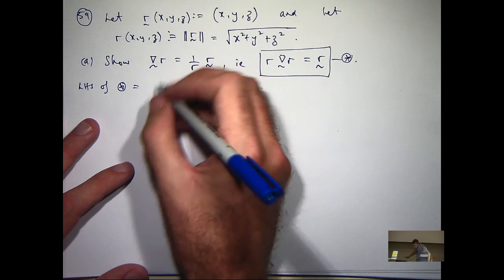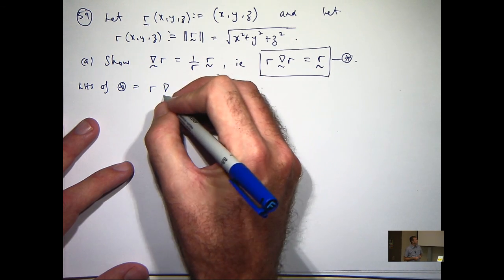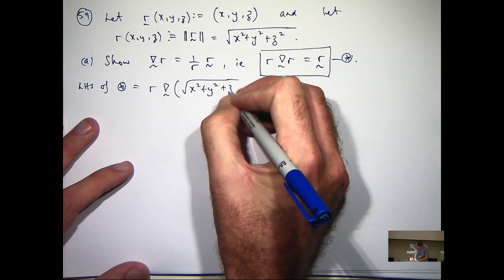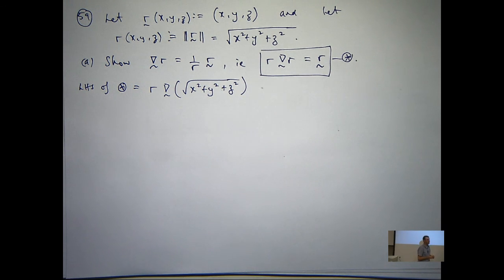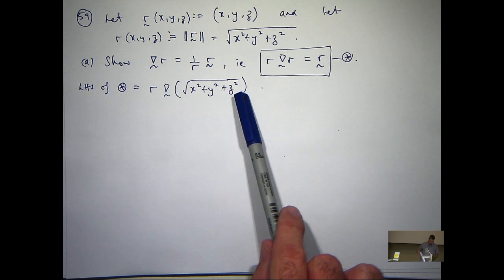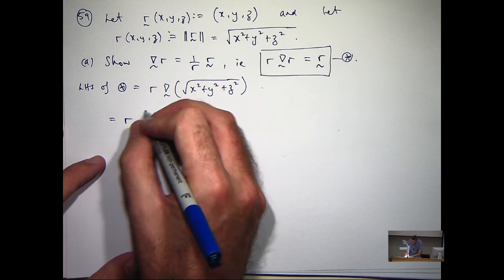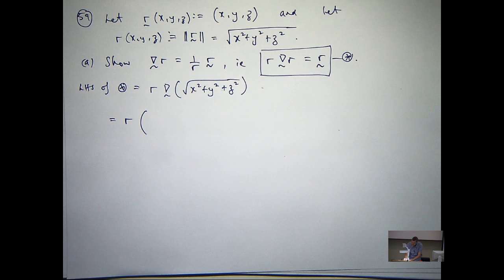So it's R times the gradient of this. What I want to do is apply the gradient operator, or the del operator, to this and form some sort of vector. I'm going to leave that R there for now. So I want to take the partial derivative of this with respect to x. That'll be my first component. Derivative with respect to y, that'll be my second component.